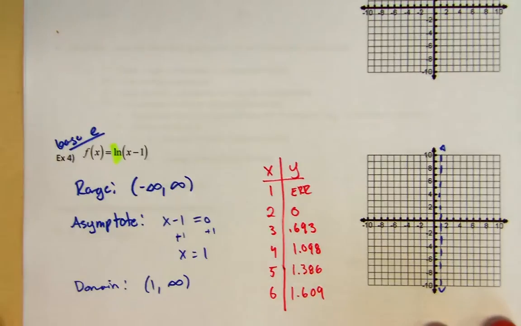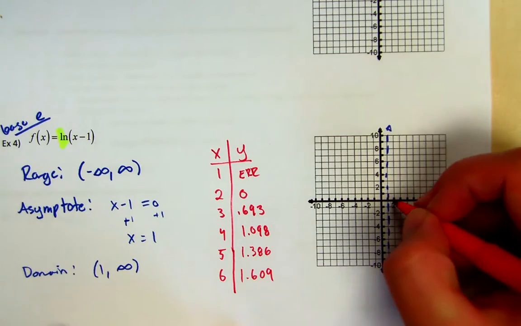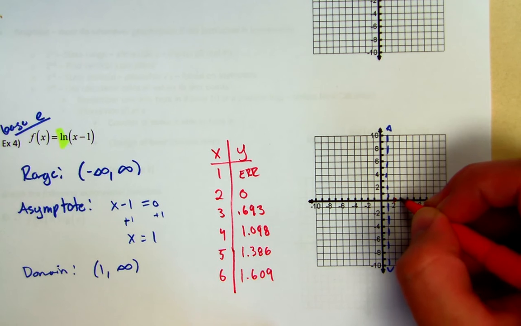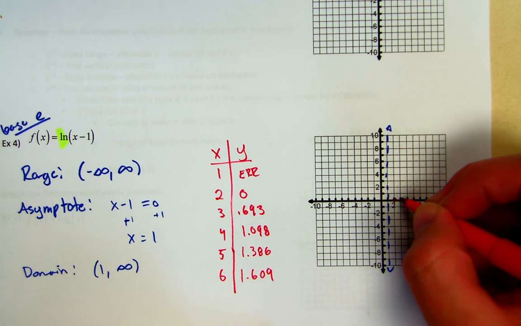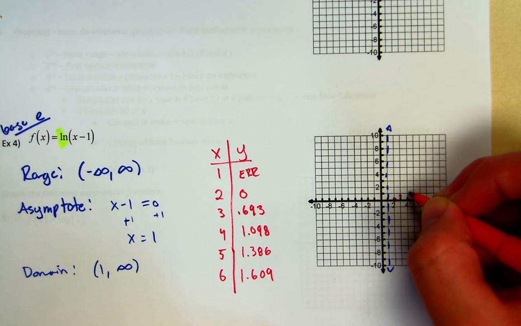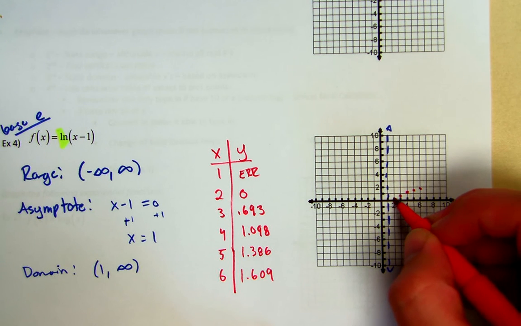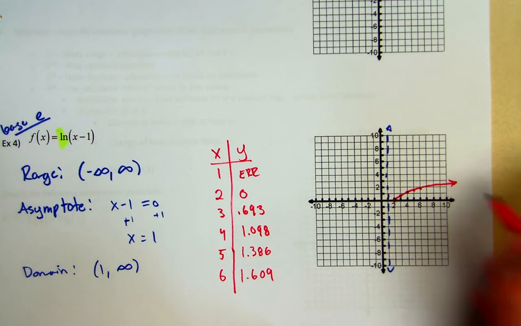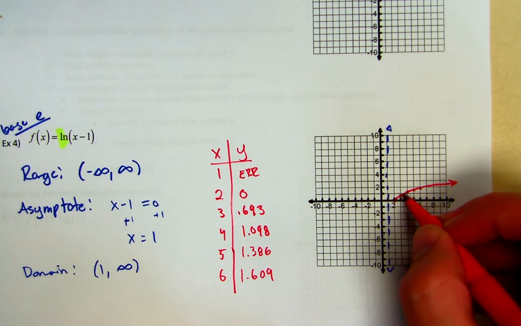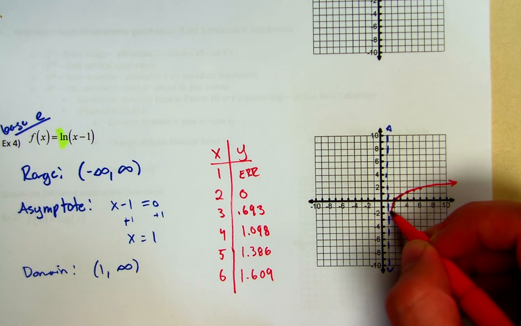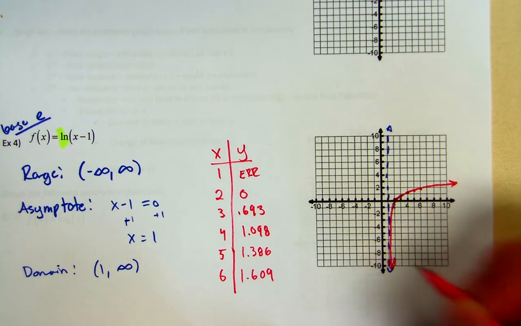Alright, so we gotta plot those points. 2, 0, we're at 3, 0.6, a little bit above. 4, 1, so slightly above 1. And we're slowly climbing. So again, we're slowly climbing, and then we're going to start decreasing as we saw on the graph there, but approaching the asymptote.